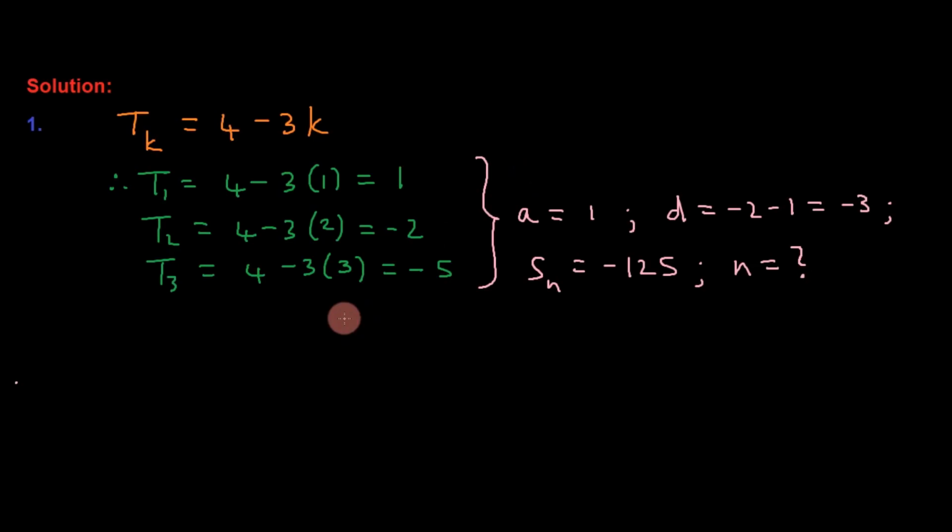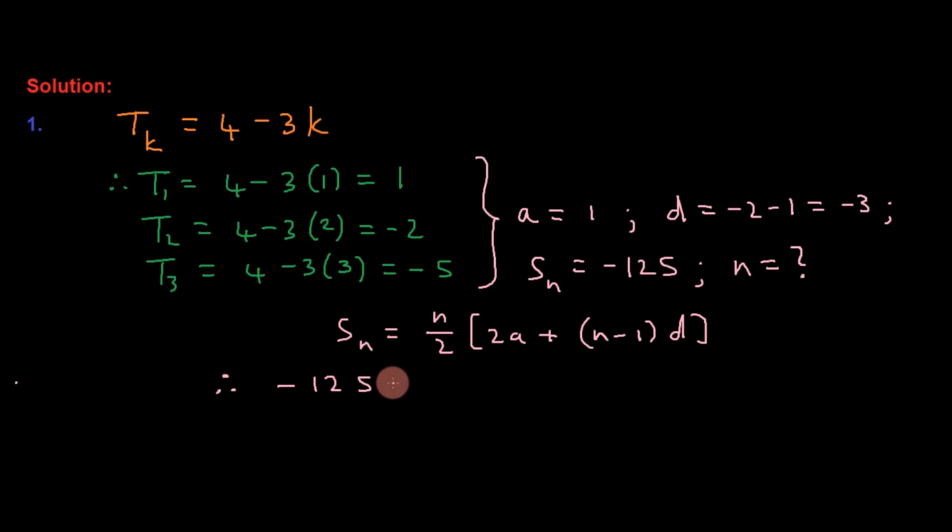So we use a sum formula. So S sub n is n over 2 into 2a plus n minus 1 times d. S sub n is negative 125. We don't know the value of n. A, of course, is 1, so 2 times 1. And d is negative 3.